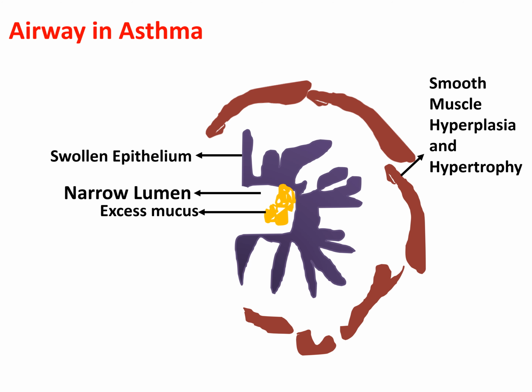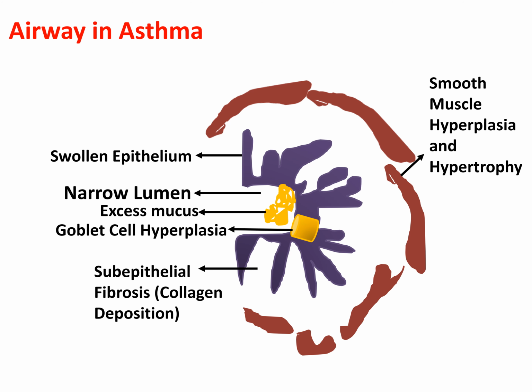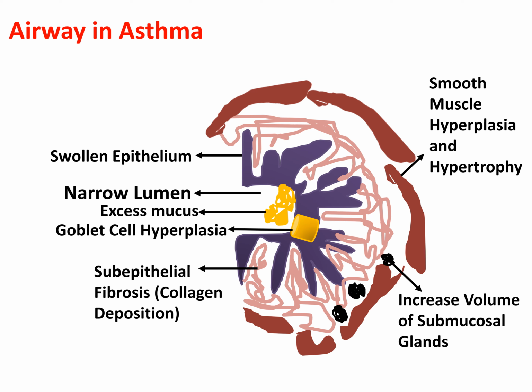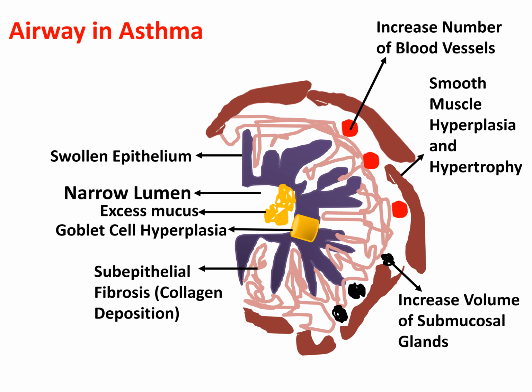We have an increased amount of mucus. Besides that, we have hyperplasia of the goblet cells, and we have subepithelial fibrosis, so a deposition of collagen. Besides that, we have an increase in the volume of the submucosal glands, and also an increased number of blood vessels. This is just to give you a general idea.